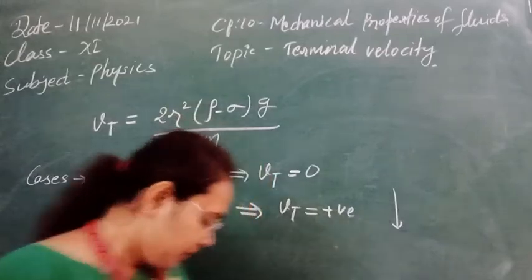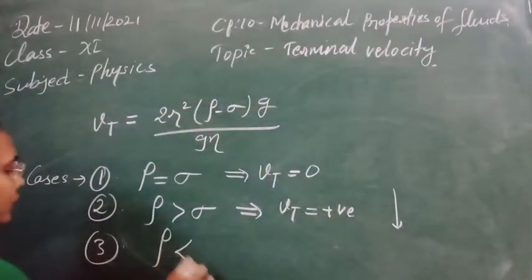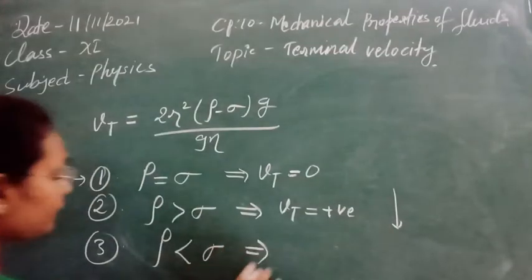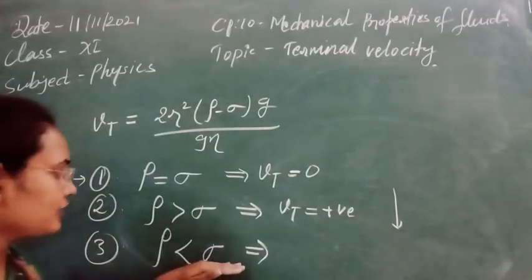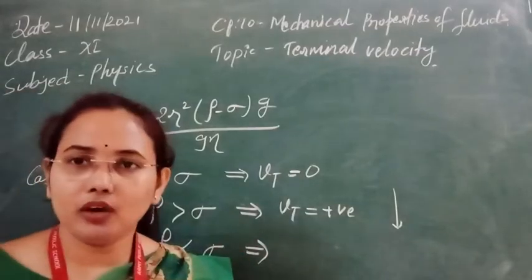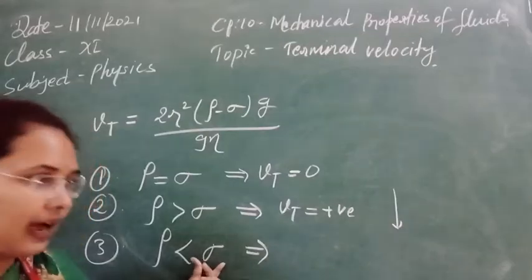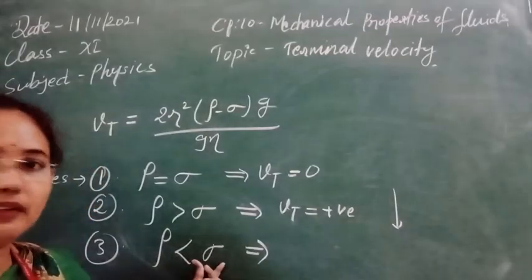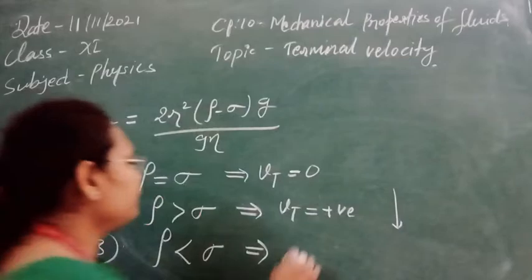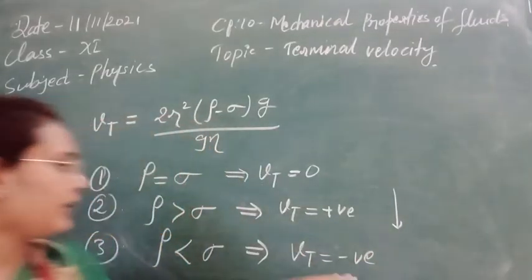Now the third case is when rho is less than sigma. This means the body is moving through a very dense liquid, like honey or mercury. For the higher density of the liquid, this term becomes negative, so we obtain a negative velocity.